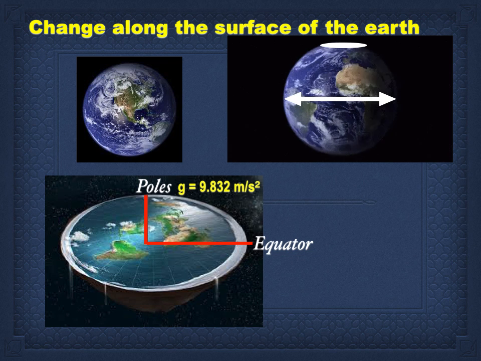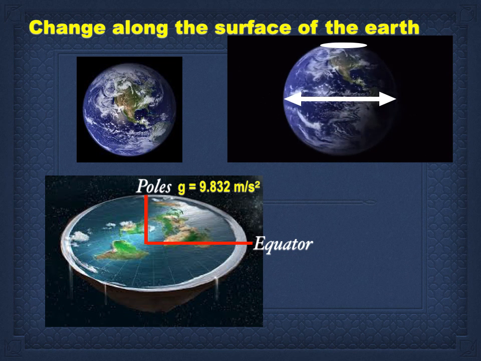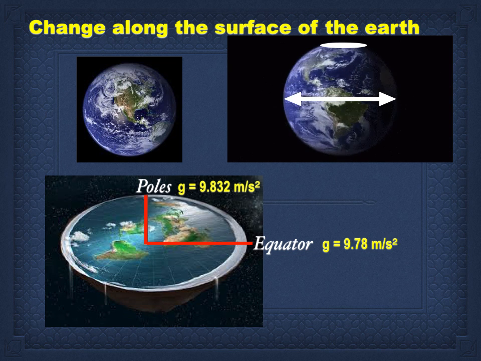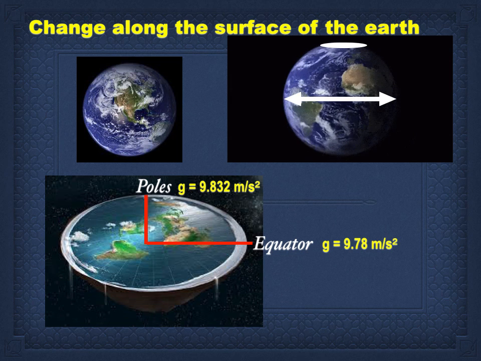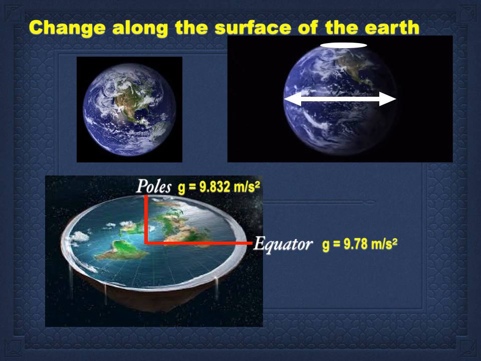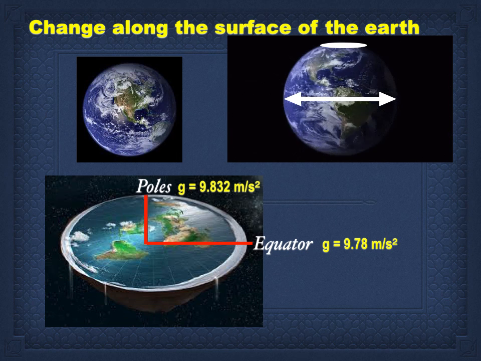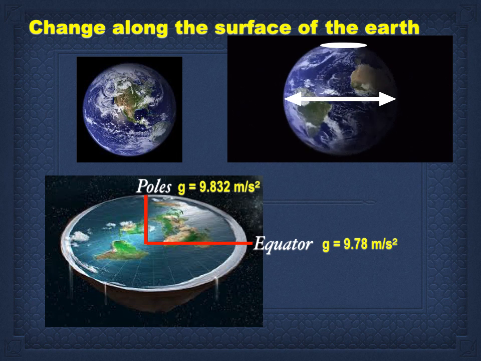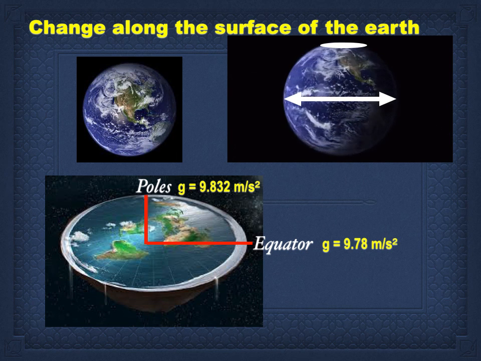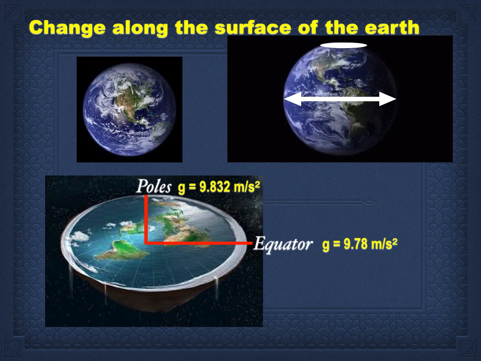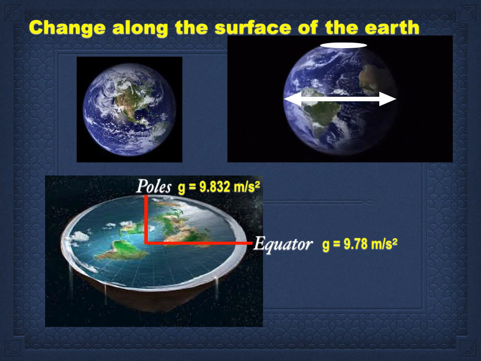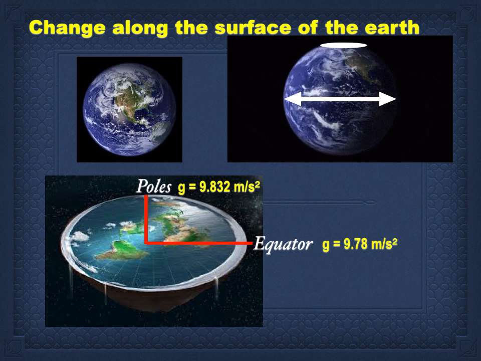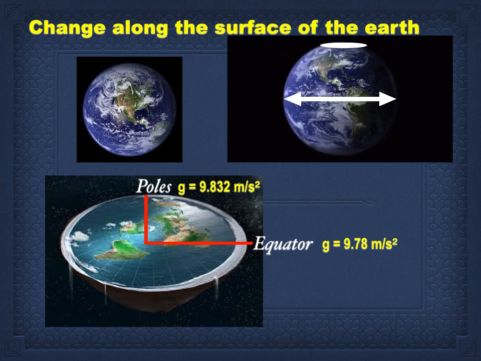That is the value of g at the poles. And if you see the value of g at the equator, it is 9.78 meter per second square. So we can say that the value of g slowly decreases with decreasing latitude. So it is lowest at the equator.